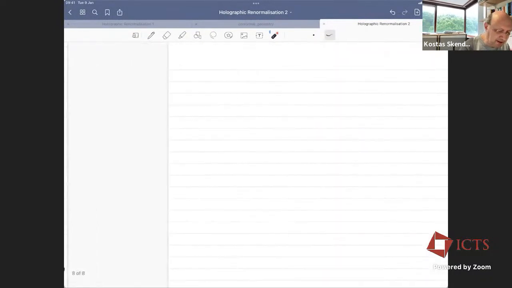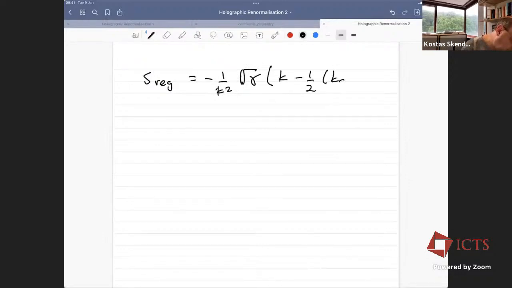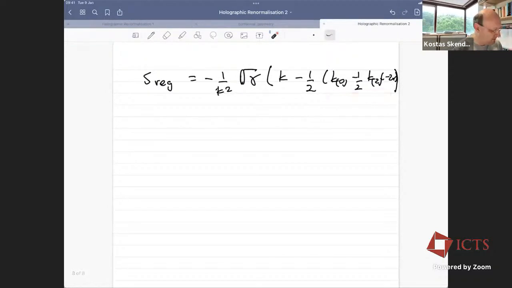So then altogether we found that the regulated action is given by this expression, and it is the pieces with k naught, it is these pieces which are infinite. So these are the pieces that we need to remove with counter terms.